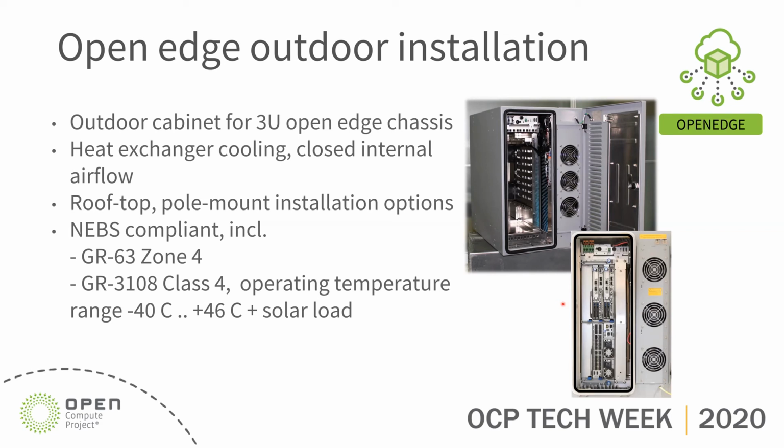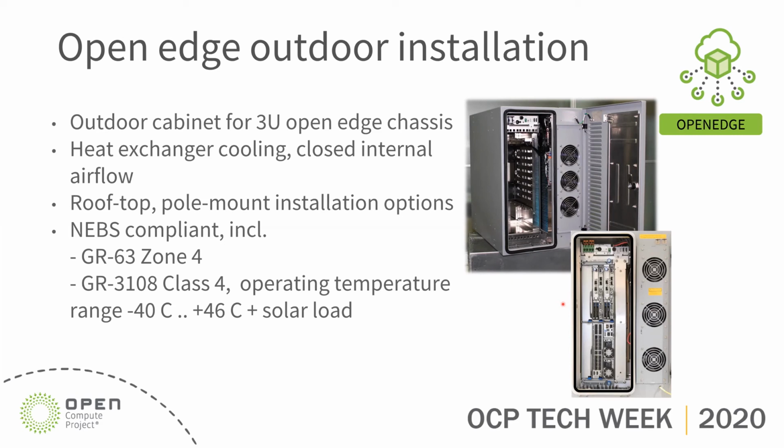It's Zone 4 compliant, and the operating temperature range follows GR-3108 Class 4, which is from -40 degrees up to +46 degrees plus solar load. So a pretty wide range of temperatures is covered by this unit.